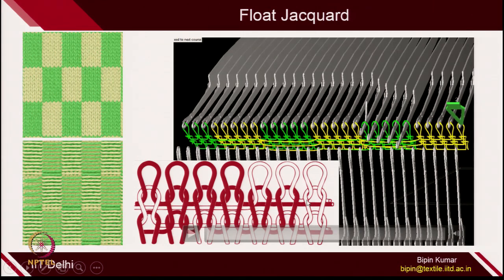Similarly, in this course these 3 white yarns are visible in the form of loops, and in these 4 columns the white yarn is going at the back side in the form of float. On the back side you can see this is a straight segment of the yarn which is making float. Similarly here 4 loops and then 3 floats. So this is called float jacquard.